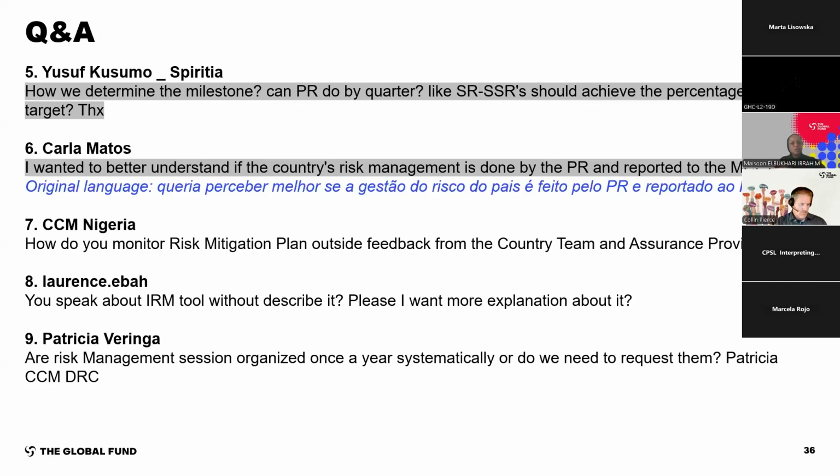Then the PR, as an integral part of program management, has its own risk management. In the PR rating, the PR's ability to manage risk is one of the parameters for PR performance. Those are reported to the CCM, the country coordination mechanism, and the risk management is usually also shared with your country team in the Secretariat.